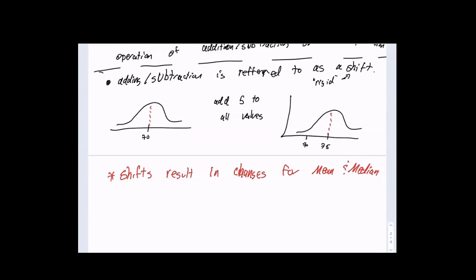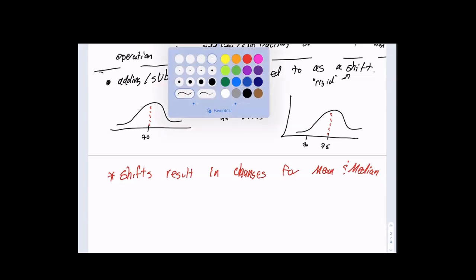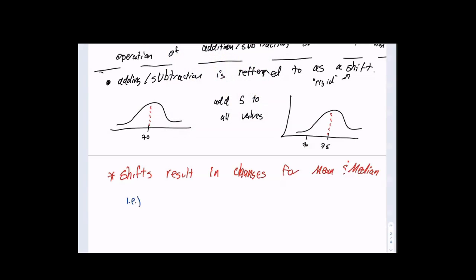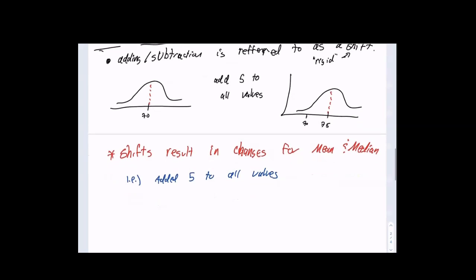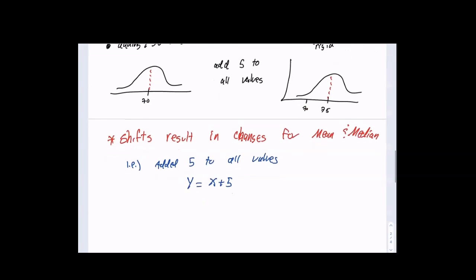Now, in the above example, I added 5 to all values. I can also write this as y equals x plus 5. I took all of the values of x and added 5. As such, my new median would be the previous median plus 5.